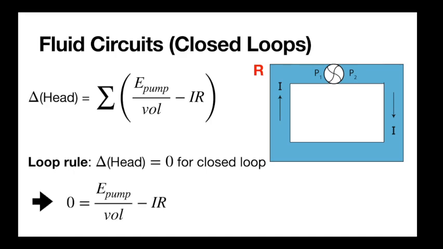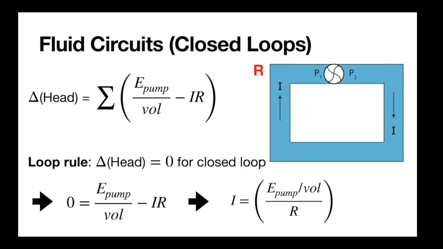And that's equal to the sum of all the energy that I get and give away as I go through the circuit, I being some fluid that's flowing through the circuit. So now our total head is 0, which is equal to E pump, the energy that I get, minus IR, the energy that is dissipated by the pipe. And now with this, we can solve for the current, maybe. That's going to be something that comes in a lot in electricity. What is the current?